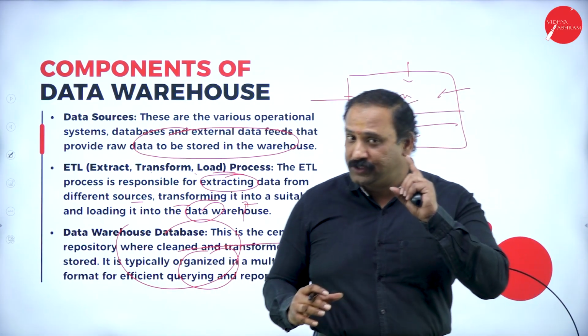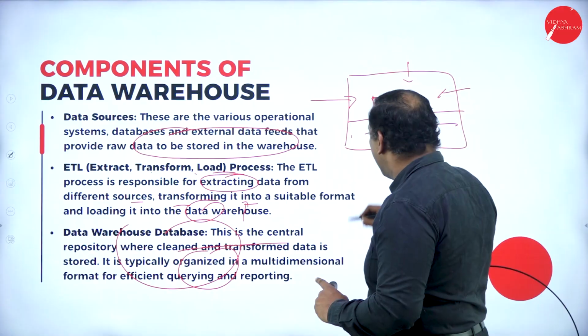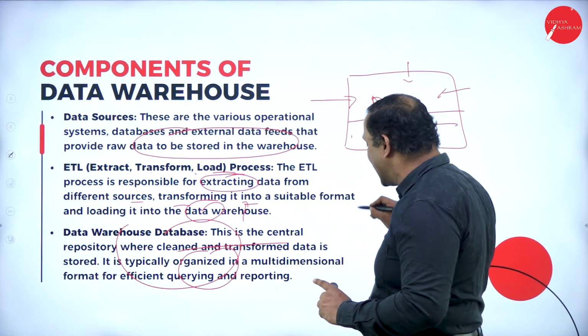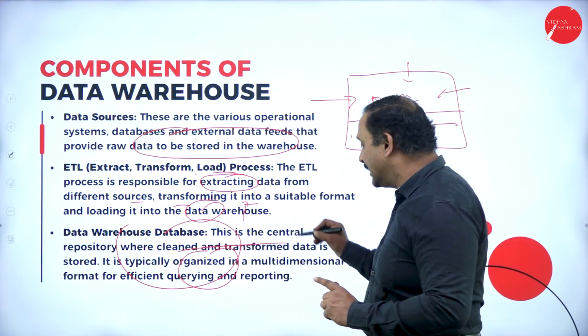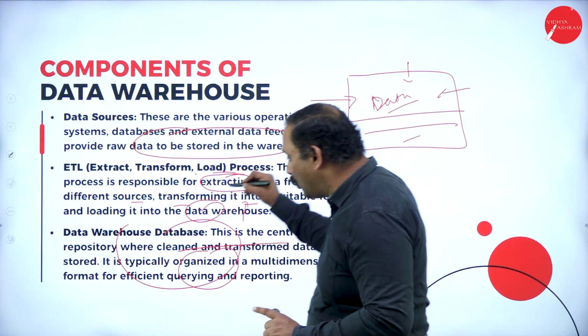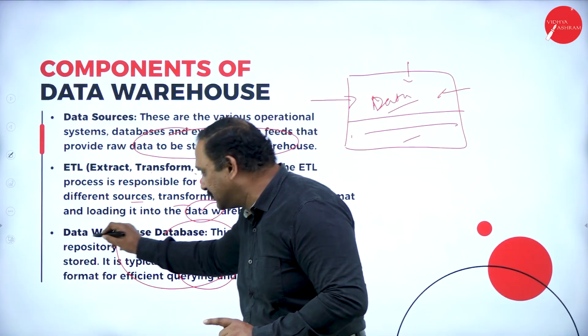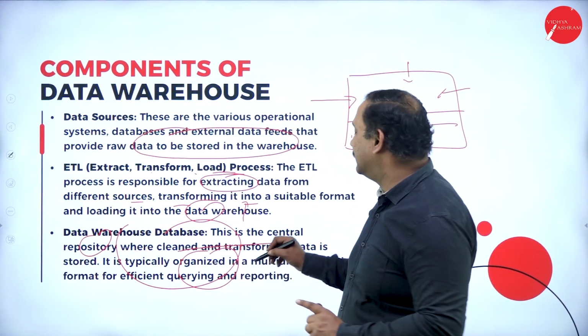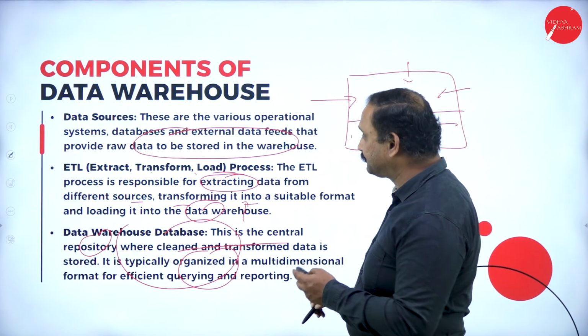Why? Because using one data, we can make multiple dimensions, we can answer multiple queries. So that is why this is very, very important for us where we are storing the database. So this is our repository through which we are going to store the necessary data.